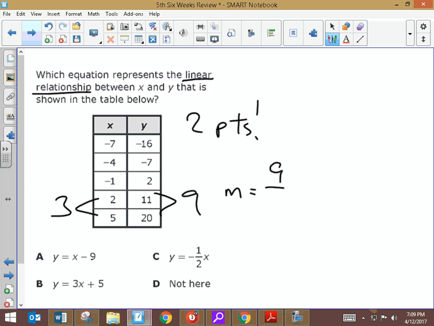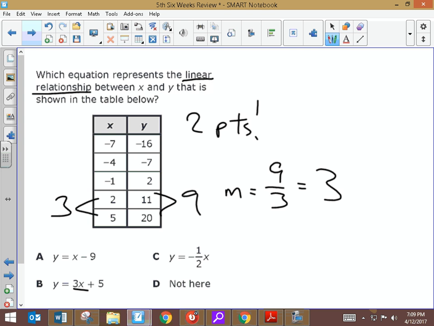So my slope is 9 over 3. Let me make sure. Yep, 9 over 3 is equal to 3. All right, so whatever my slope is, it's got a 3 in it. And it looks like B has a slope of 3. But let's make sure that this 5 works.